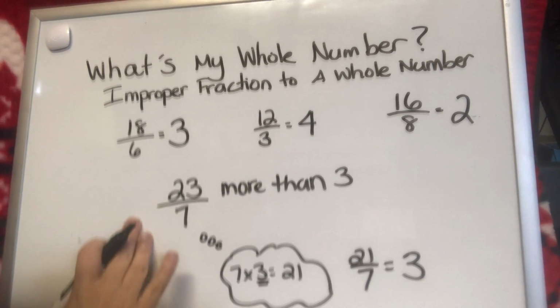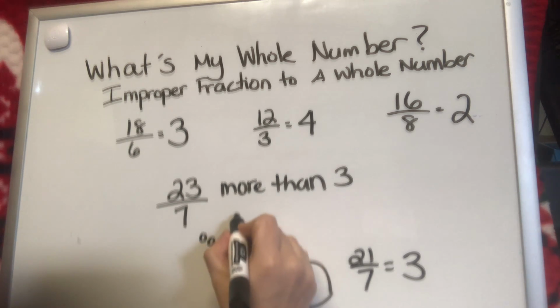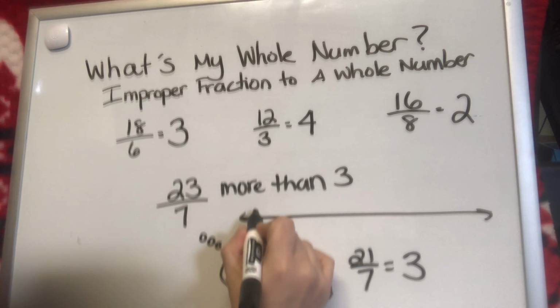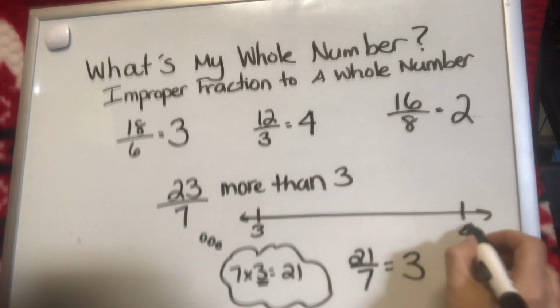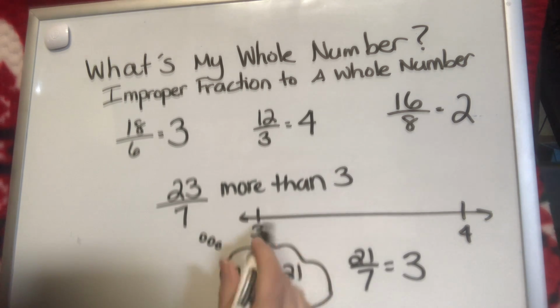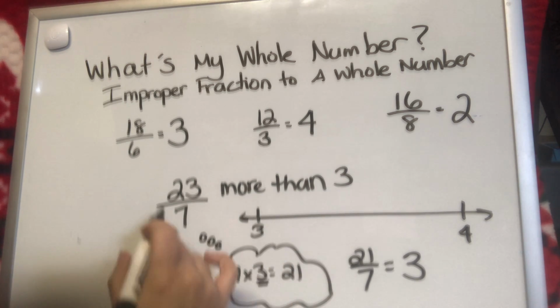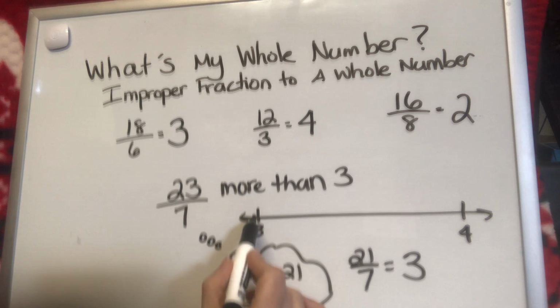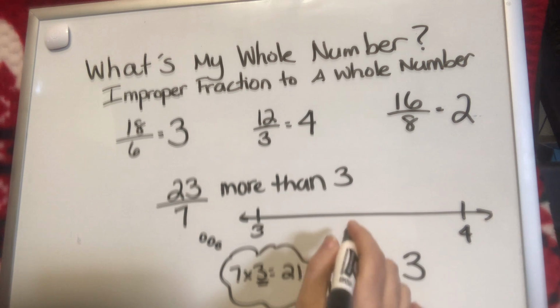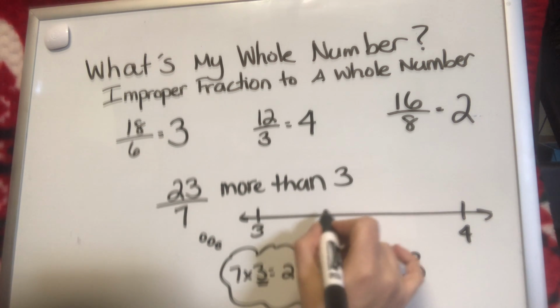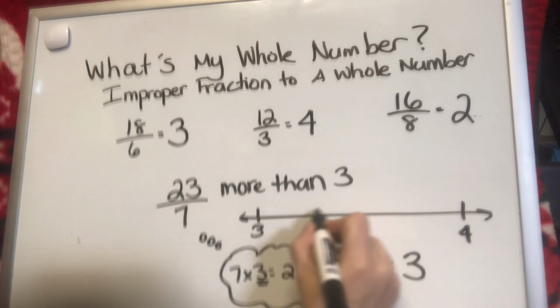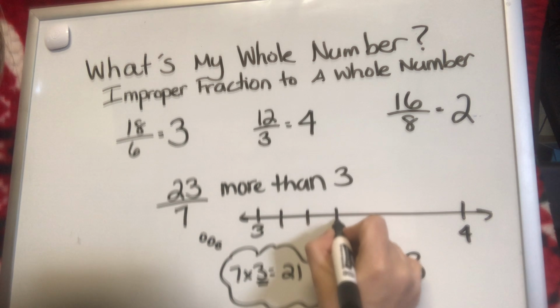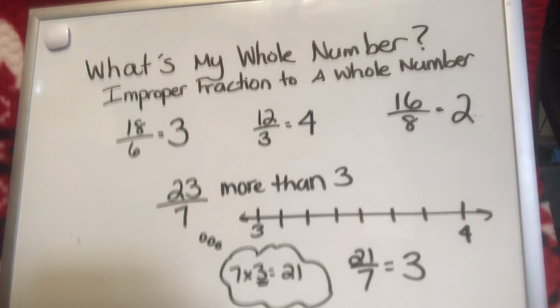So if I had to place this on a number line, instead of starting at 0, I might start at 3 and go to 4, right? And then I would do my sevenths, and then I would be able to place where that would be, because 21 would be here, right? 7s aren't easy to make. 1, 2, 3, 4, 5, 6, okay?